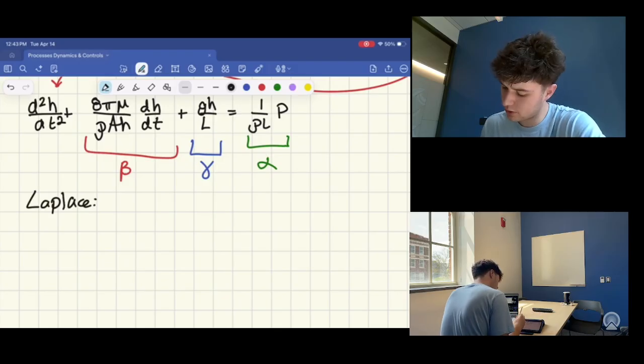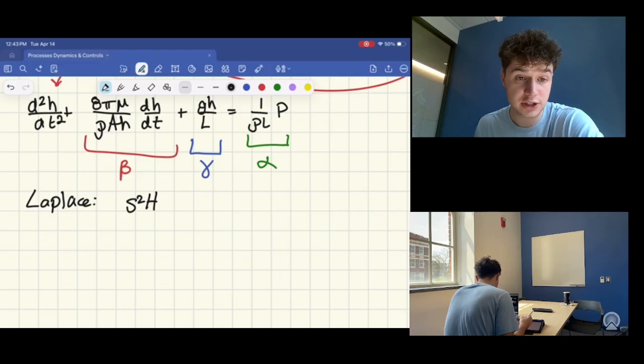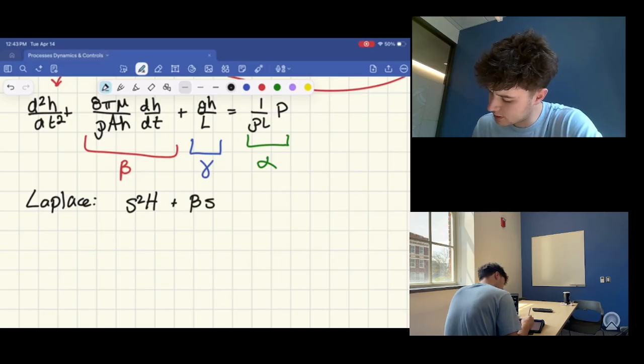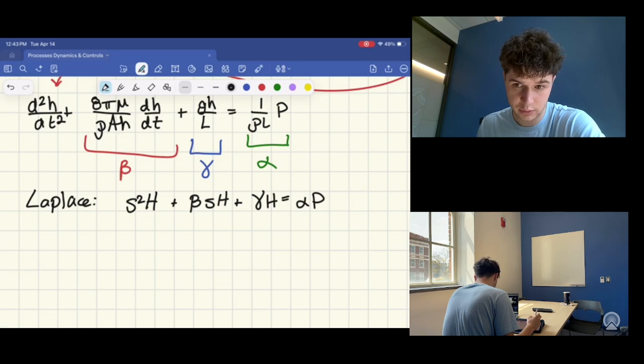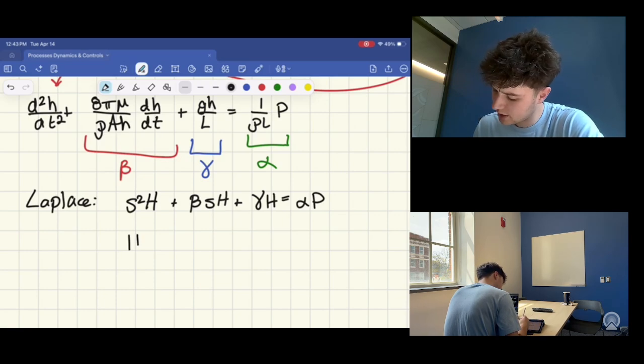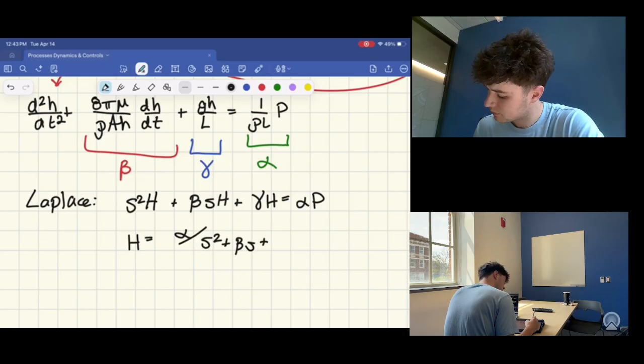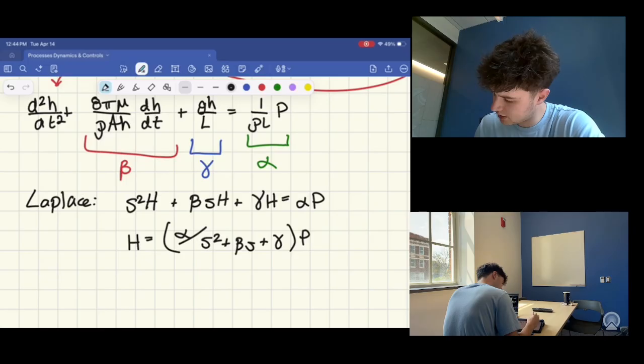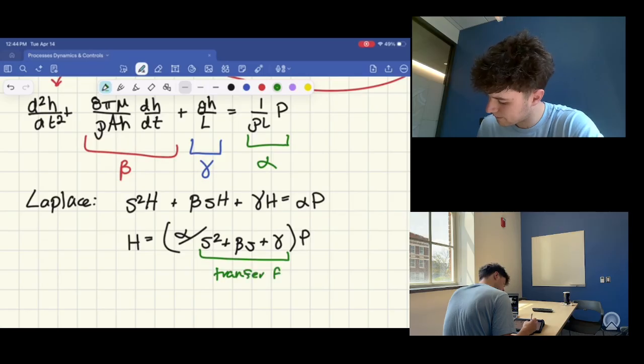And to do that, we set up the equation s squared times H plus beta s H plus gamma times H, and this is going to be set equal to alpha P. And then you can break that down even more into H terms, in which you get H equals alpha over s squared plus beta s plus gamma, all times P. And then this portion here in the denominator is going to be our transfer function.